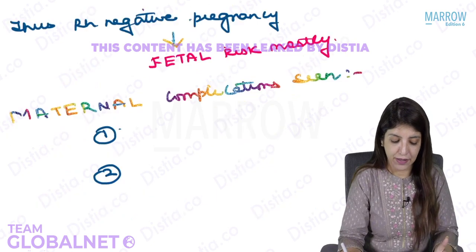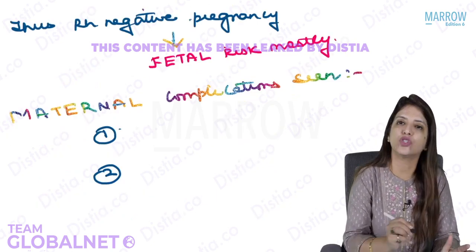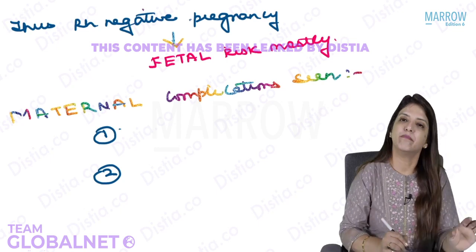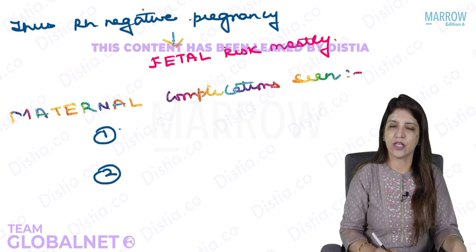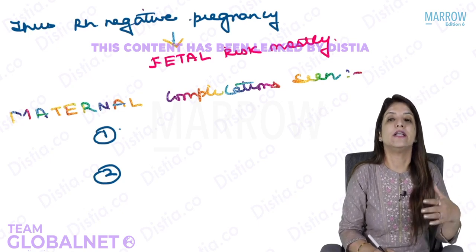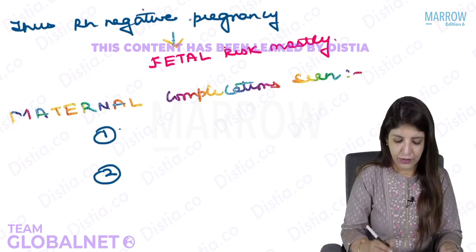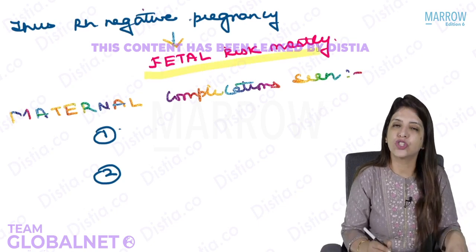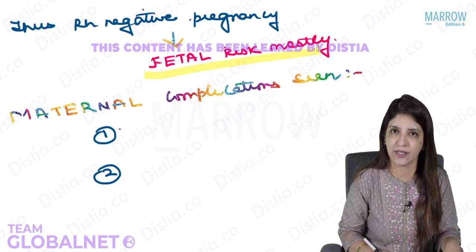As you can see, Rh negative pregnancy is posing a risk to the fetus. Mother is Rh negative. This is a high-risk pregnancy because this condition leads to fetal morbidity and mortality. So it is mostly the fetus who is at risk in Rh negative pregnancy.